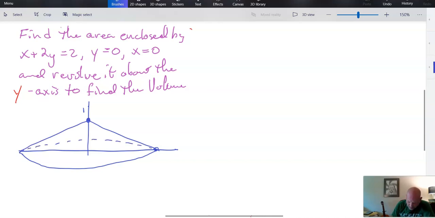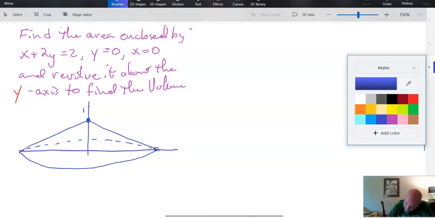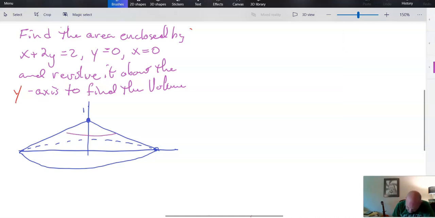Right, so we're going around the y-axis. So our disk actually is going to look a little more like this. Right, so we're looking for this radius right here.